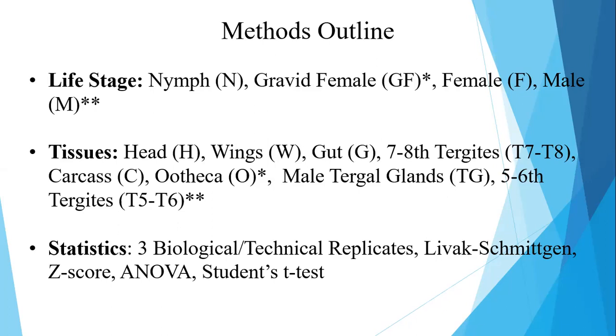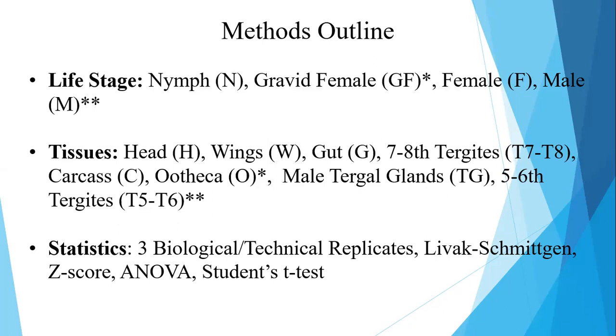Tergites are just the dorsal abdominal plates. So the 1st through 7th tergites are the 1st through 7th dorsal segments of the abdomen in a cockroach. We also looked at the carcass, the ootheca, the male tergal glands, the 5th and 6th tergites. I will go over these abbreviations later on.